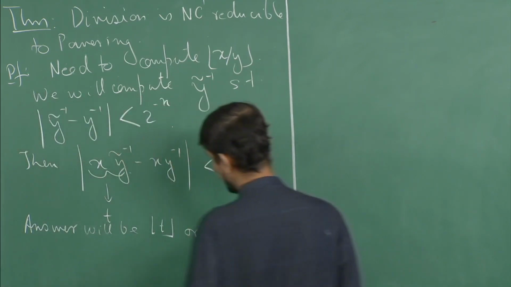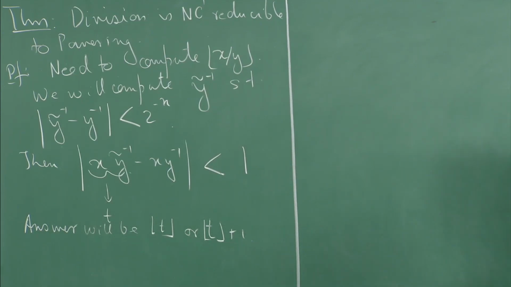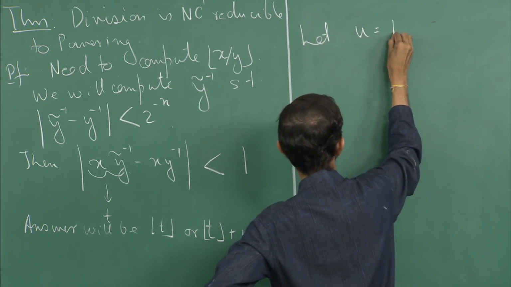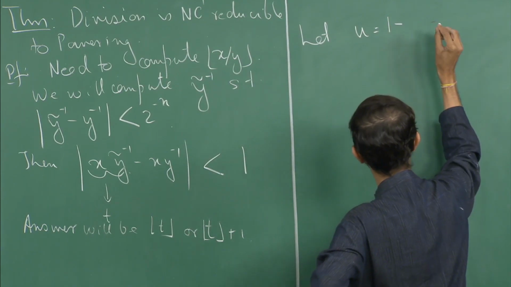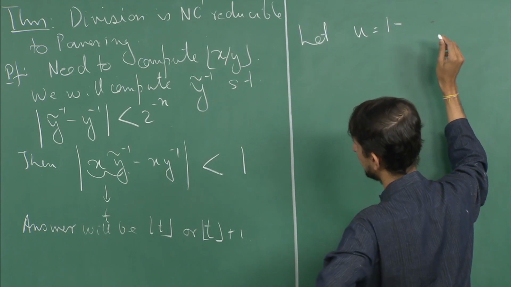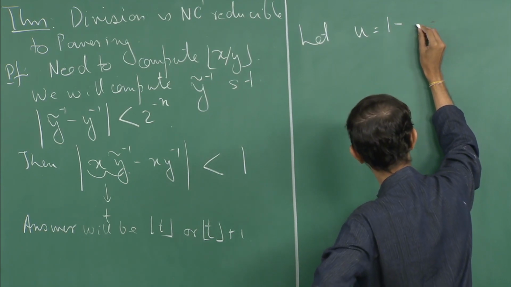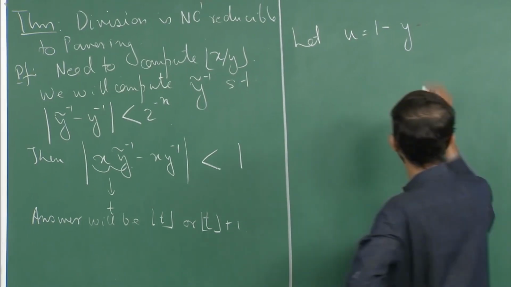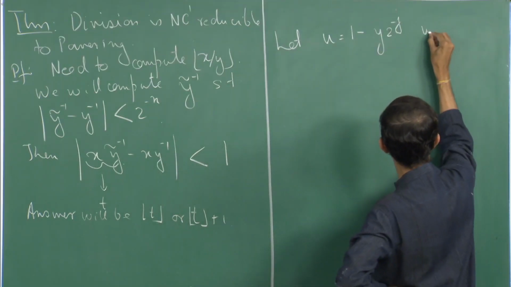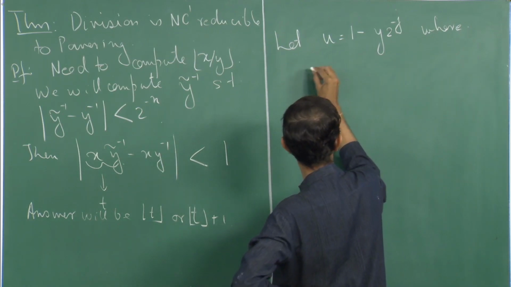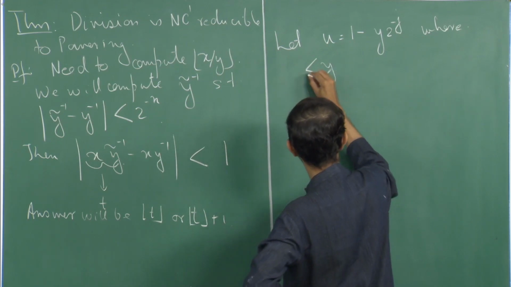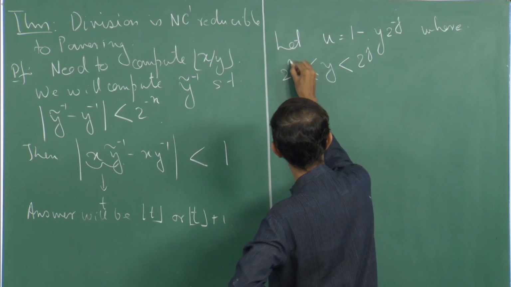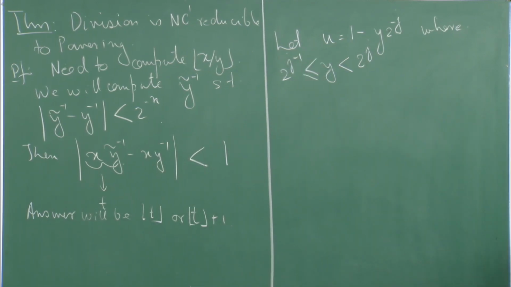Now, how do we compute y tilde? So, let u be equal to 1 minus 2 to the power minus j, where y is an integer that is less than 2 to the power j and greater than or equal to 2 to the power j minus 1.